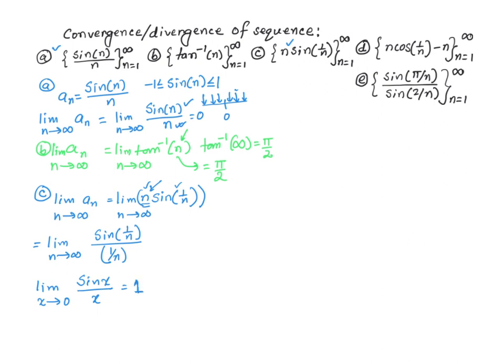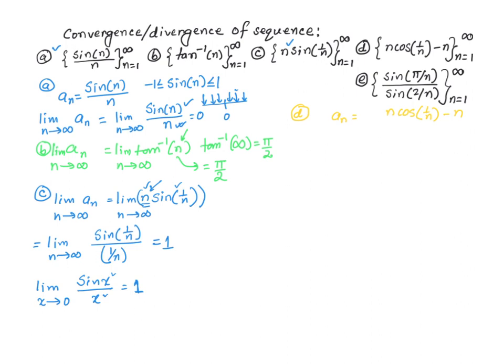L'Hopital's rule is basically taking the derivative of the numerator and the derivative of the denominator if you have a situation such as 0 over 0 or infinity over infinity, one of those extreme cases. So this is actually going to be 1. So C converges to 1 as n goes to infinity.